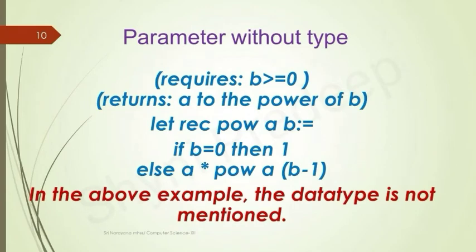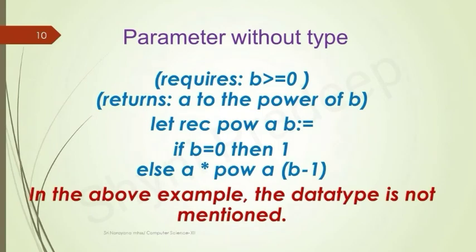In this example, we have not mentioned any data type, because this is the example for parameter without type. Some language compilers automatically solve this problem, but some language compilers need the data type to be mentioned. Here, you can easily identify the data type of the parameter.